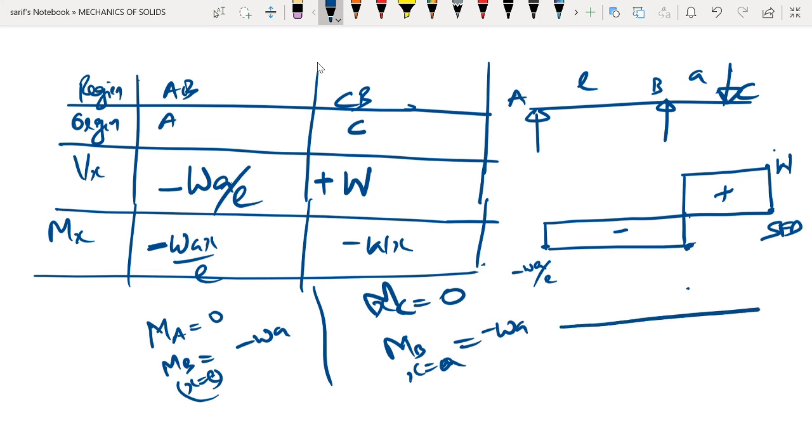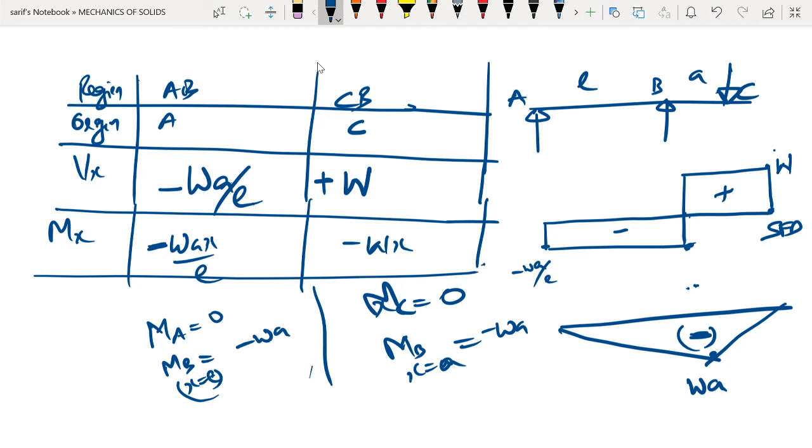It is going to be a linear variation, this is WA, it is going to be minus WA. So this will be the bending moment diagram in this particular case.